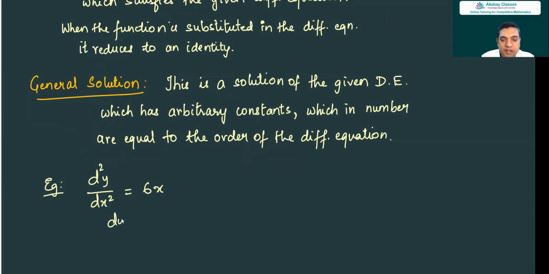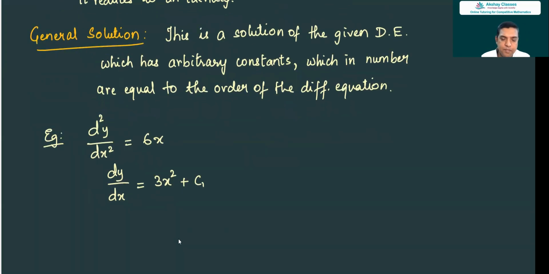When we integrate, dy by dx will be 3x square plus c1. Next, when we integrate a second time, we get x cube plus c1x plus c2.